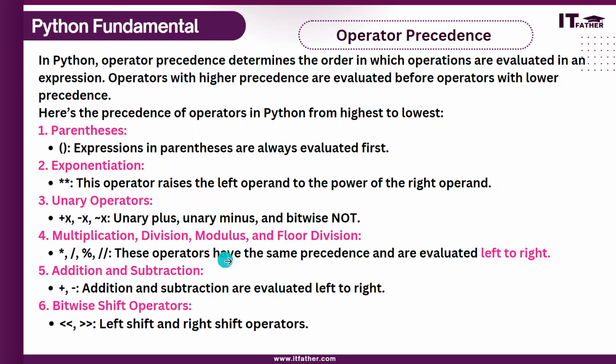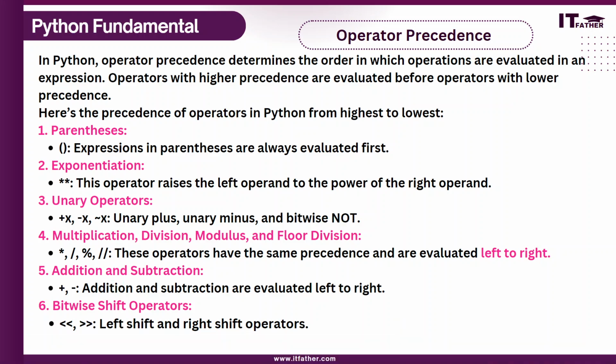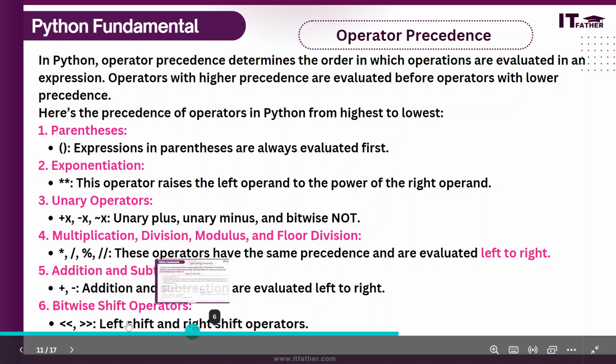These operators have the same precedence and they are evaluated left to right. This is an important thing. If all these operators are used in a single expression together, then we have to evaluate them from left to right. Some programming languages follow right to left, like C++. Addition and subtraction, plus and minus, are evaluated from left to right. And we have the bitwise shift operators.